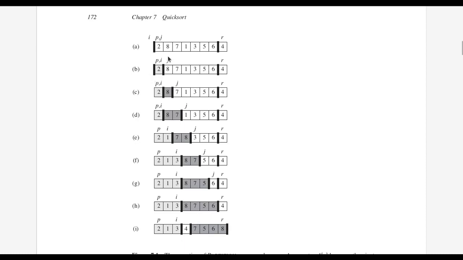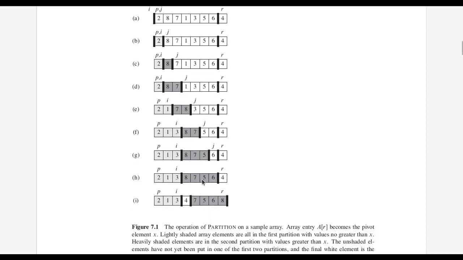If the value at index J is greater than the pivot, then only increment J. So keep on doing this till you reach the last but one. Once you reach the last but one position, increment I, then swap with the pivot, and your partition algorithm is over. And by that time, the pivot would have got its position.